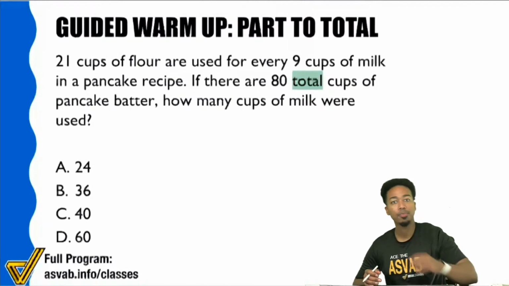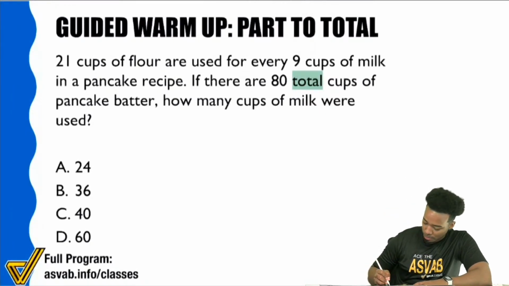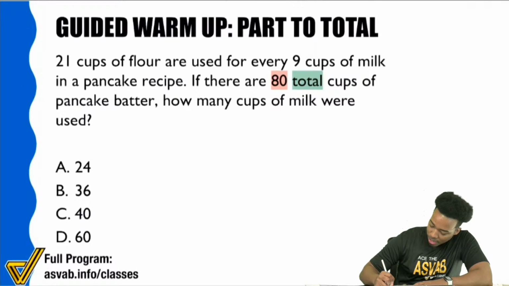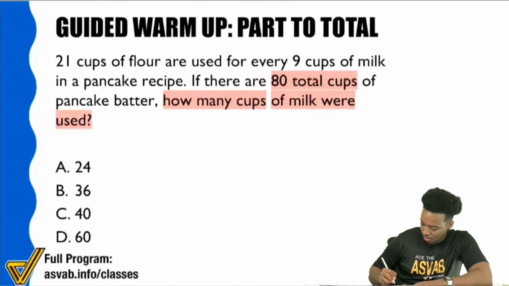Let me show you how. First step, let's read the question, everybody. The question says, we have 80 total cups of pancake batter. How many cups of milk were used?